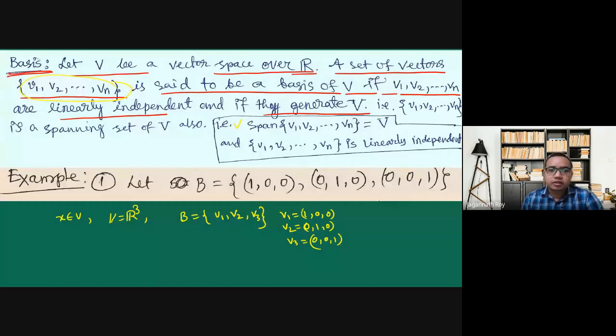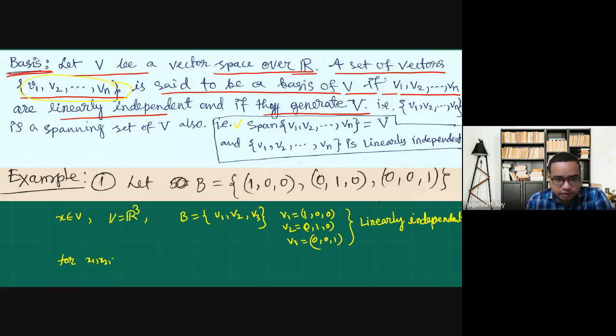As we have already seen, these are linearly independent, so the first condition is satisfied.